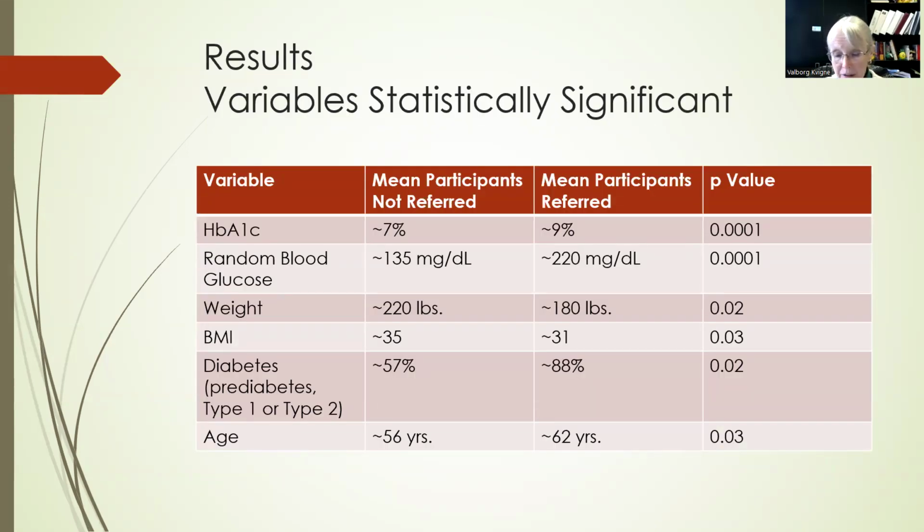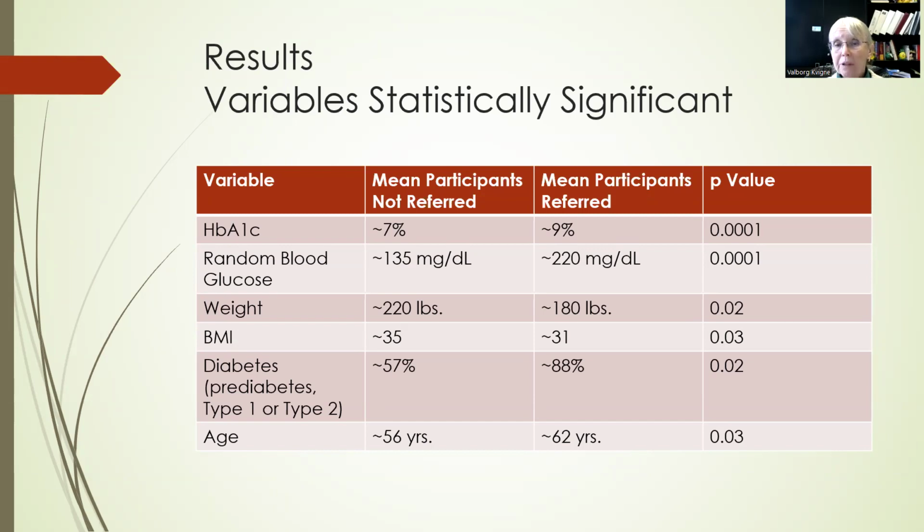Now, when we talk about the referral, Gwen mentioned participants were referred on carotid artery aneurysm, peripheral artery disease, or arterial stiffness. That's what triggered the referral. Gwen also reviewed all the screening variables that they collected when they did these mobile life events.